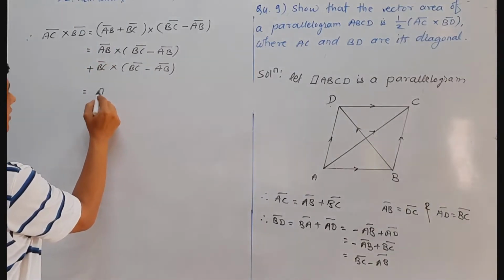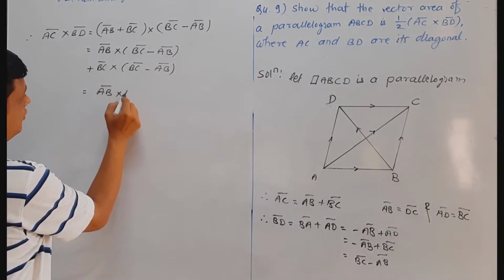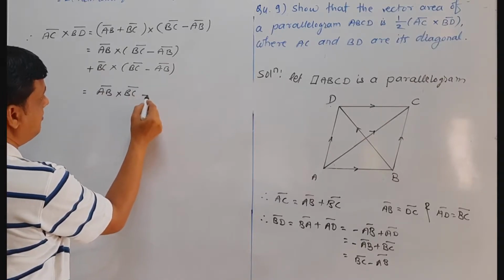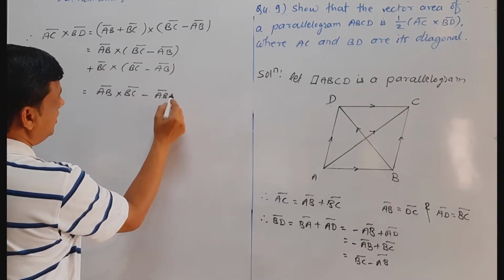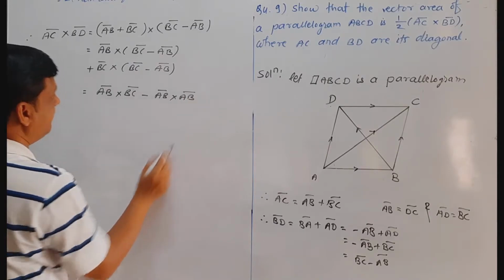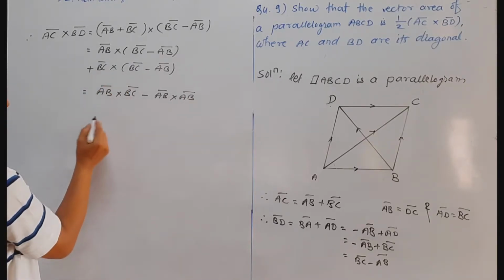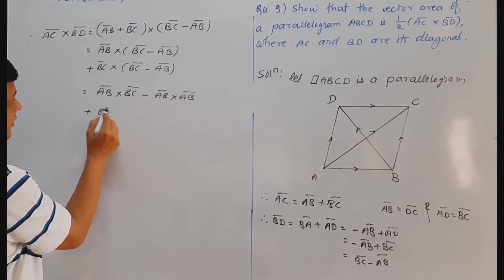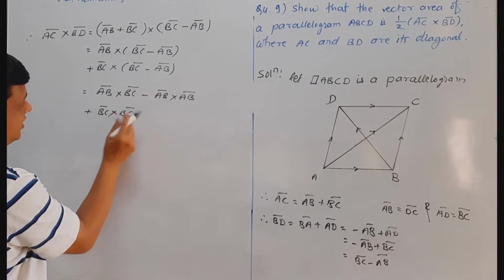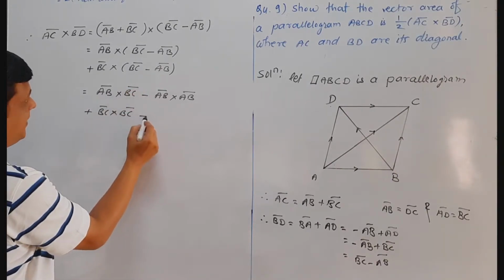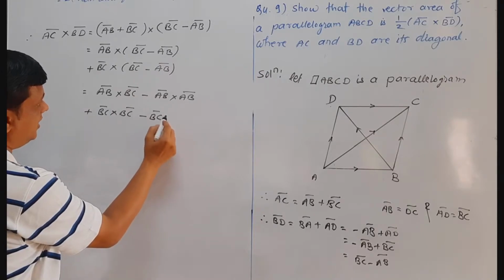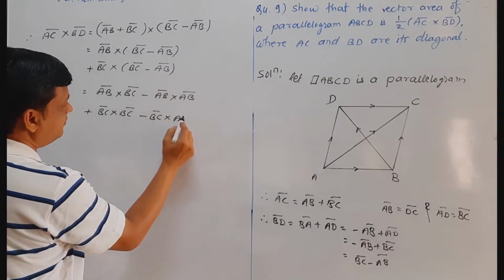Now multiplying by vector AB, that is cross multiplication, we write vector AB cross vector BC minus vector AB cross vector AB. Now multiply by vector BC: vector BC cross vector BC, then minus vector BC cross vector AB.